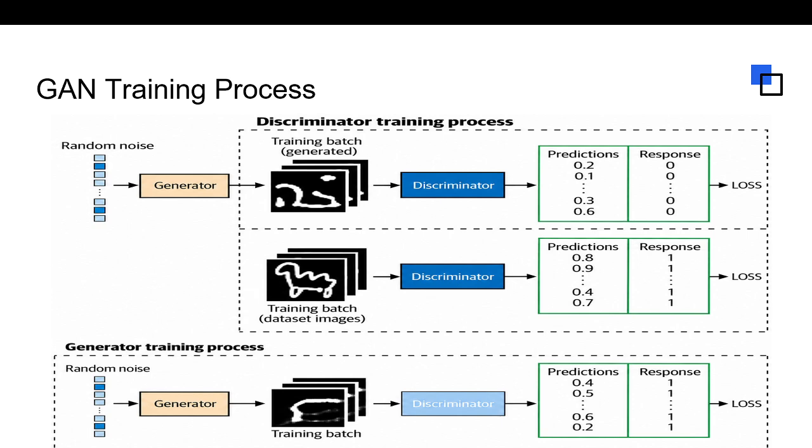One is generator training, the next one is discriminator training. With the help of generator training, we can generate a synthetic data set. For generating a synthetic data set we need to produce random noise, where this random noise may be in text, image, voice and video.